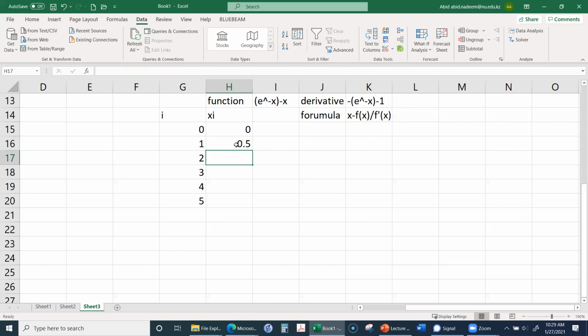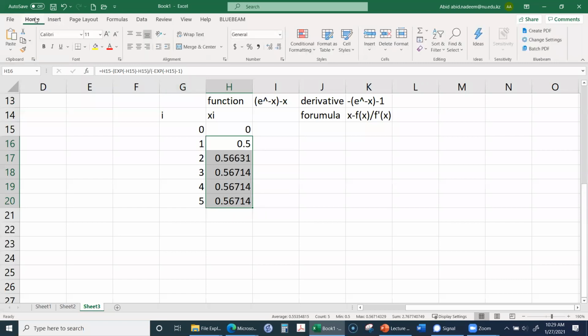Once I have established this formula, I can just drag it down to calculate the values of the next iterations. I can see that by using this approach, the function has very quickly converged to the true solution.